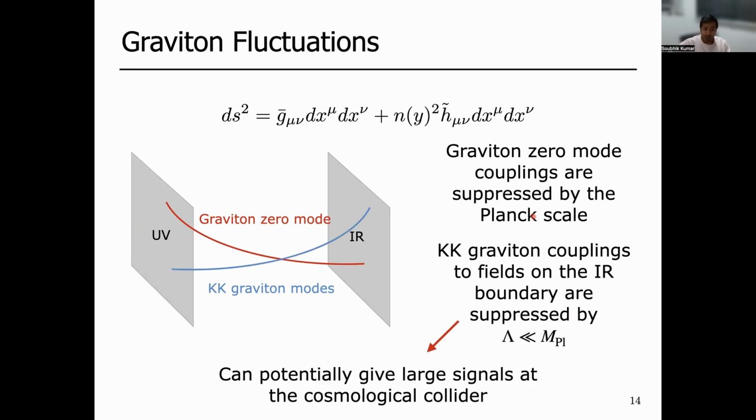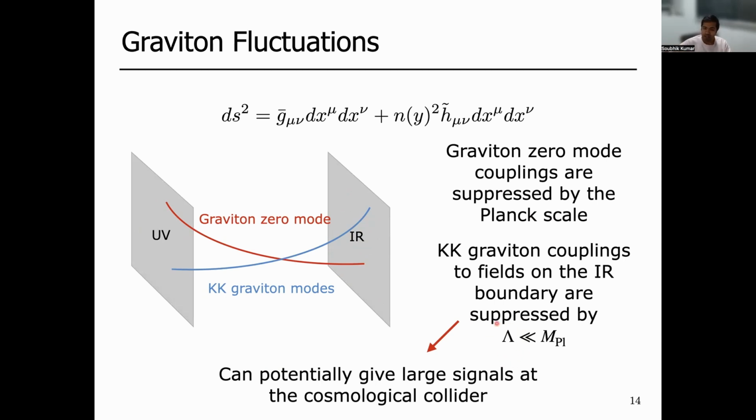However, excitingly, there are also KK graviton modes, which are localized on the IR boundary. Any field that is on the IR boundary has a coupling to the KK graviton modes that is not suppressed by the Planck scale, but rather, in general, by a smaller scale lambda. That is, if you want, some warped down Planck scale.